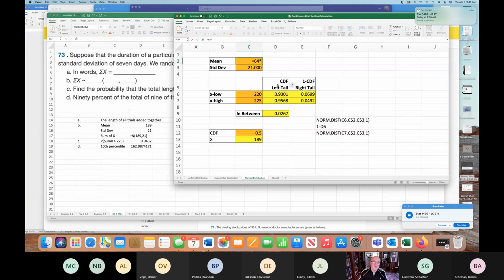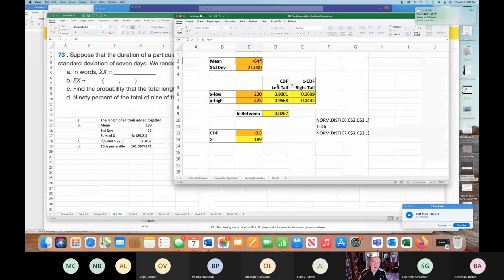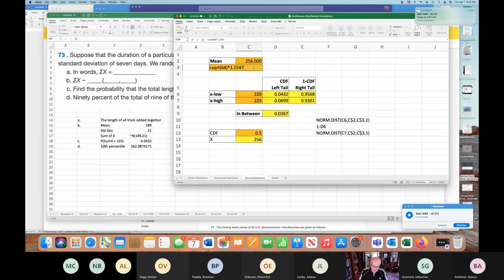I can't remember. 4 pounds, right? 256, correct. The standard deviation is going to be equal to the square root of n, which we took 64 different homes and found out the weight of their open cereal box, times 1.1547, which is 9.238.